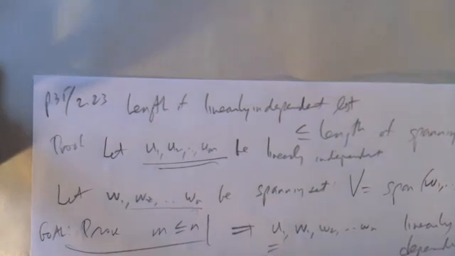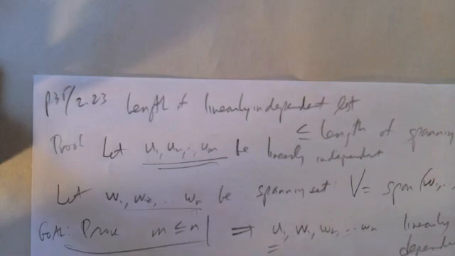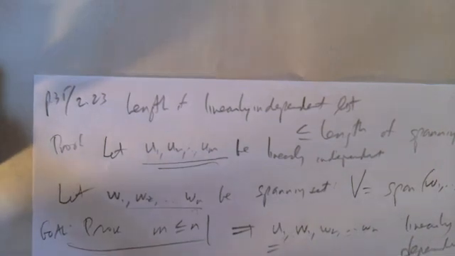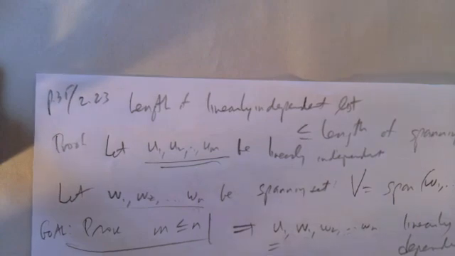What the lemma I just proved says is, if I have a linear dependence among these vectors, that allows me to throw away one of the w's and still have a spanning set. I can remove one of the wj so that the set u1, w1, with a hat over wj to mean we leave this one out, up to wn still spans the vector space.